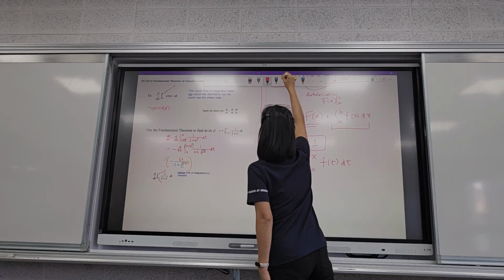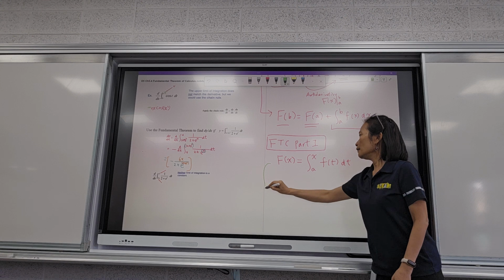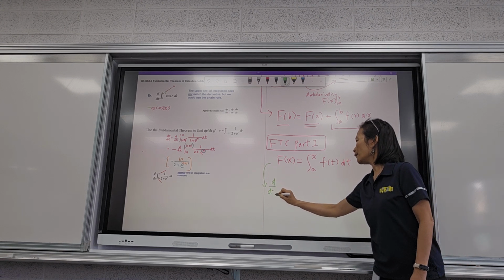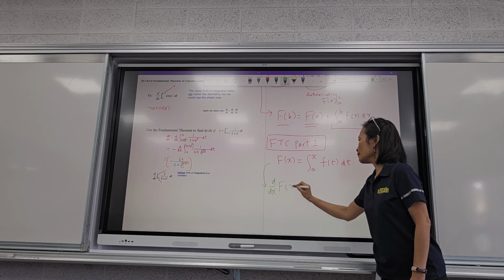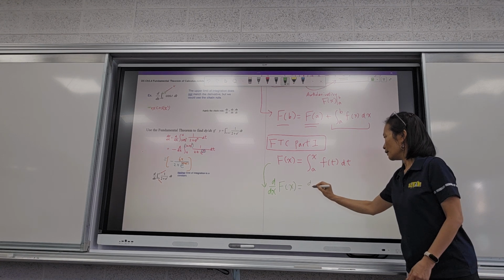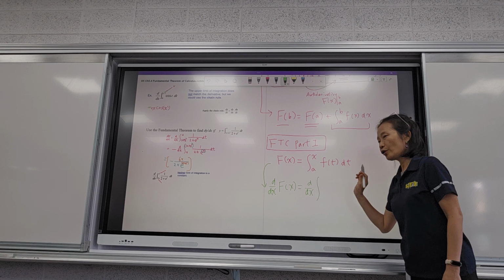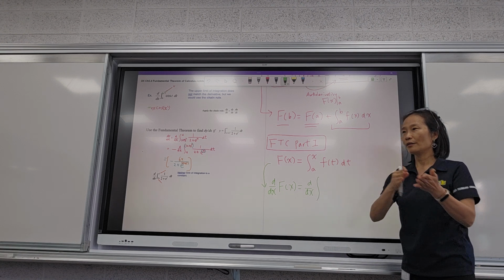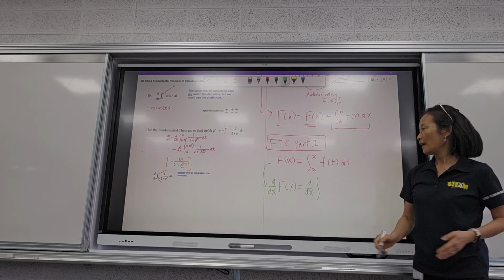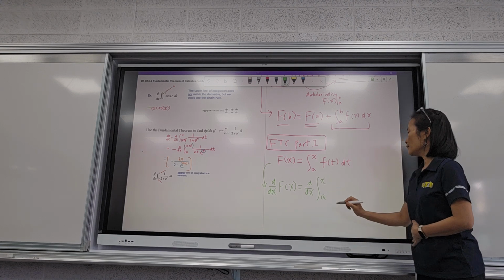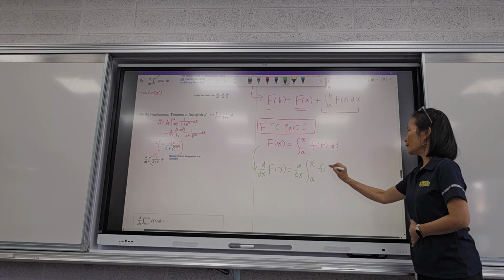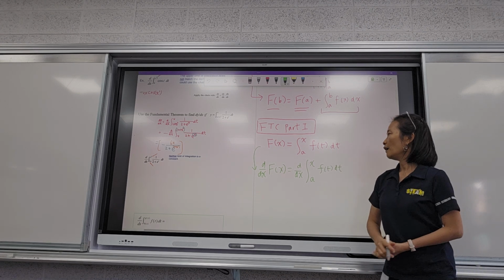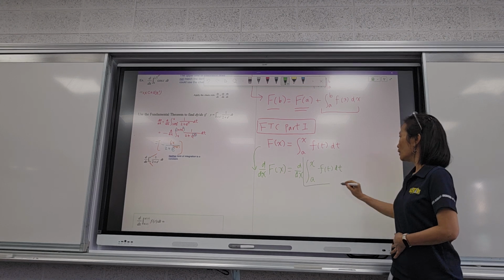When that is defined, then we can differentiate. The derivative of F of x is d/dx of the integral. Isn't that the reverse operation? Differentiate the integral and they cancel each other out, right? From a to x, f of t dt. What is this equal to?